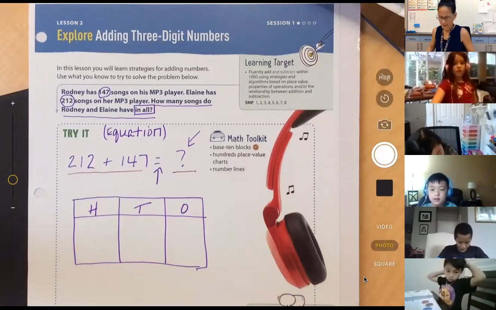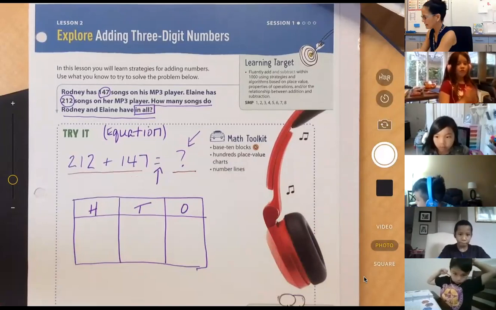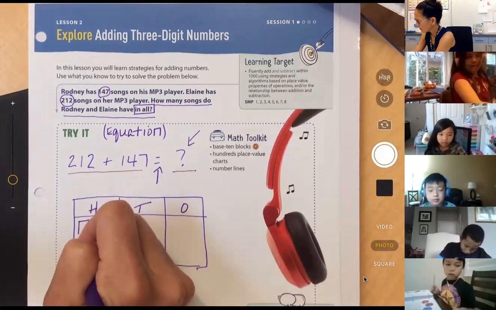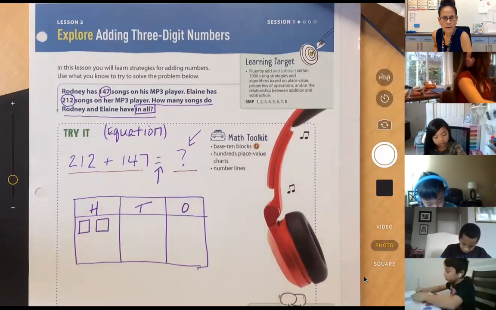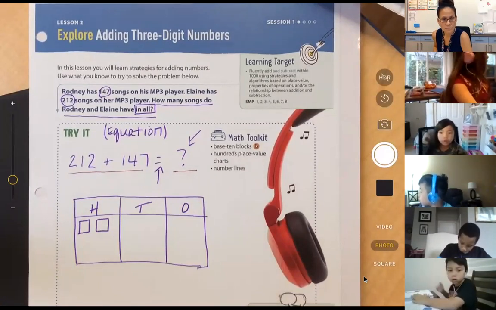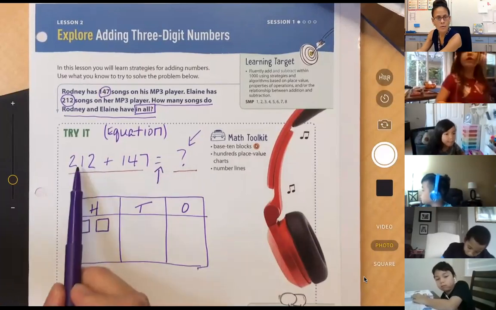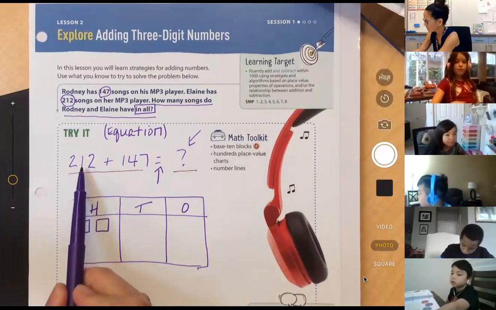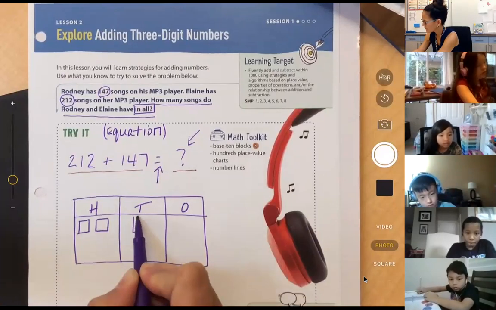So I could say 212, for example, has 200 blocks, right? Because it is, after all, 200. And then I can take a look at my number and I can say, oh, 212 has 1 ten.